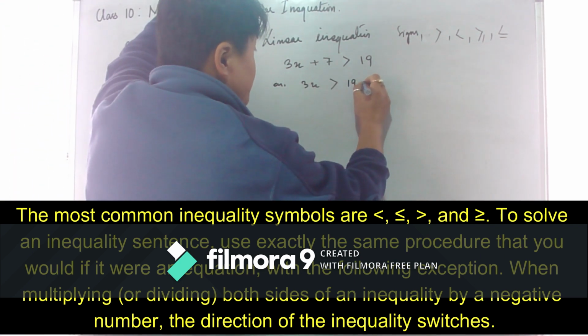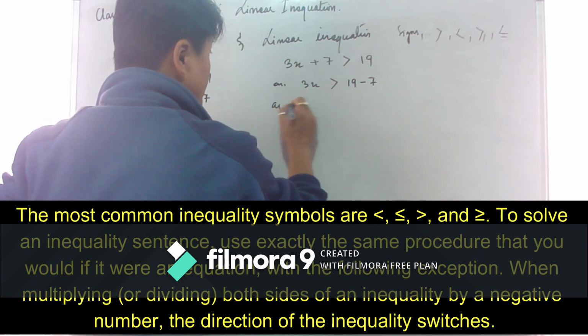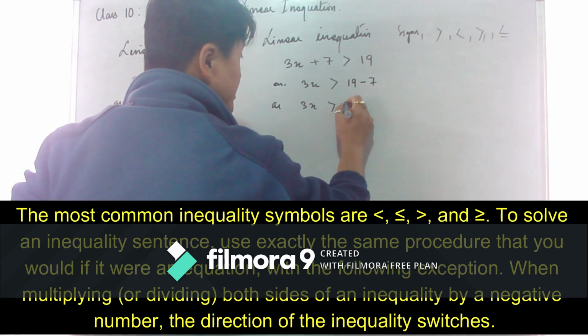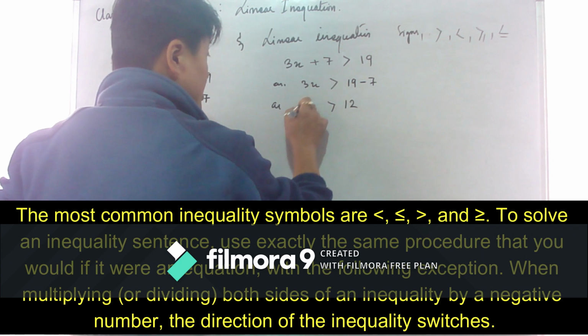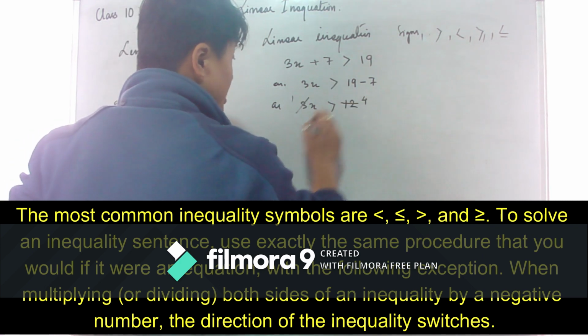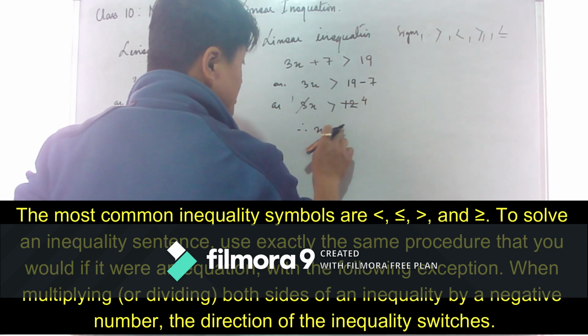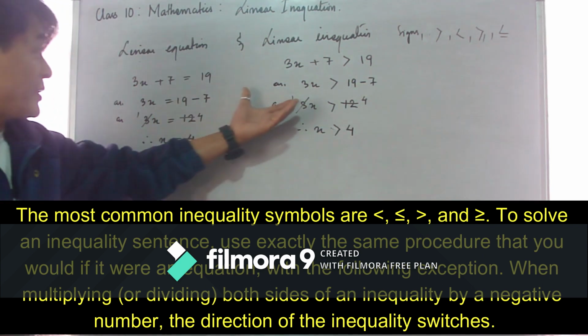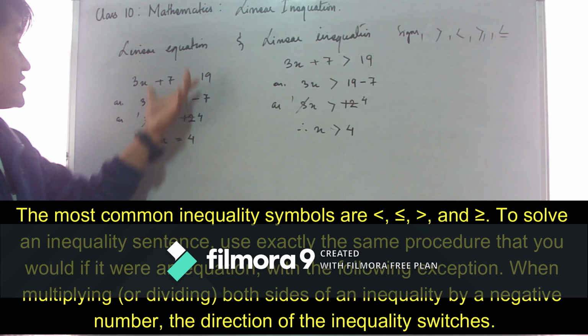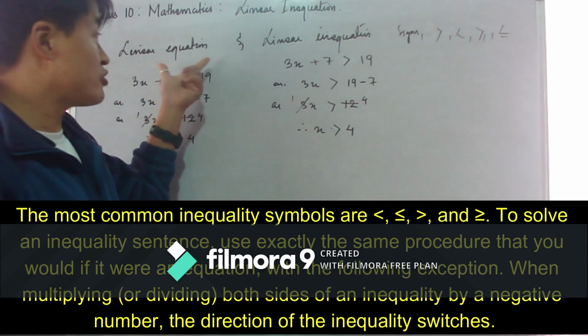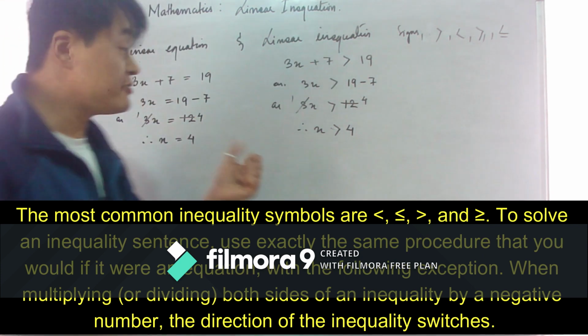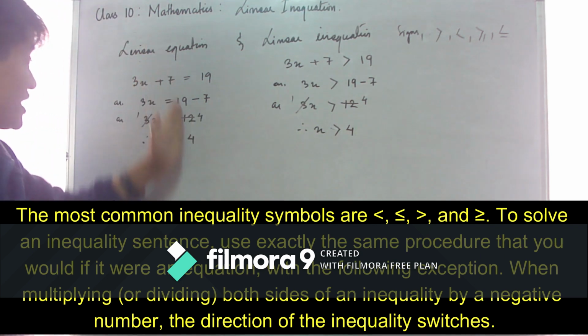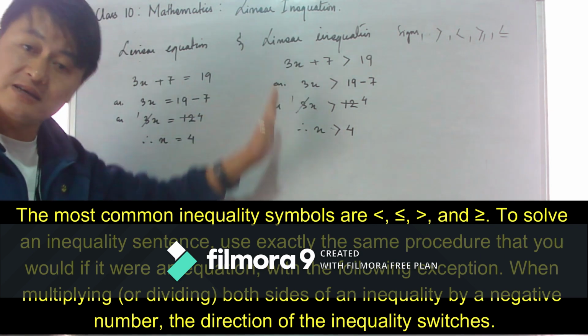So 3x is greater than 12, 3 1s are 3, 3 4s are 12, therefore x is greater than 4. Clear? If you compare these two, this is a linear equation and this is a linear inequation. We have solved everything the same way.